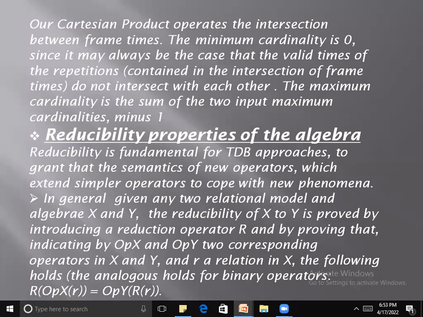Reducibility properties of the algebra. Reducibility is fundamental for the TDB approach, to grant the semantics of new operators which extend simpler operators to cope with new phenomena.